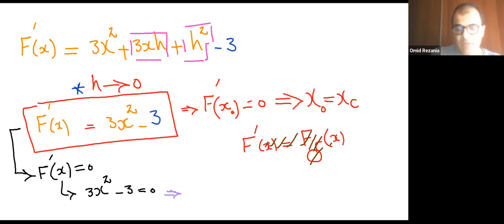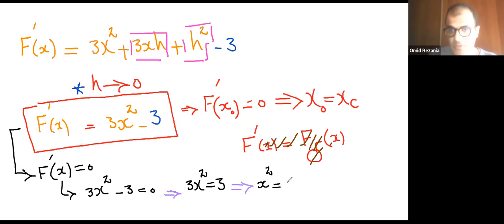The first thing which I'm going to do, I'm just going to take 3 to the other side. It becomes 3x squared equals 3. The next step which I'm going to do is divide both sides by 3, which leaves me with x squared equals plus 1.